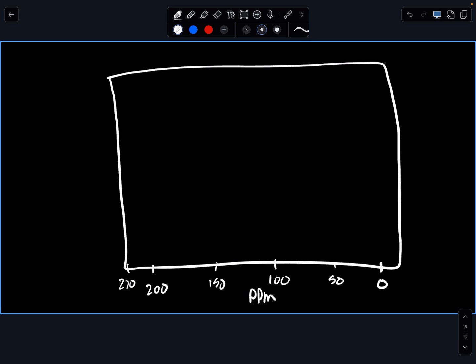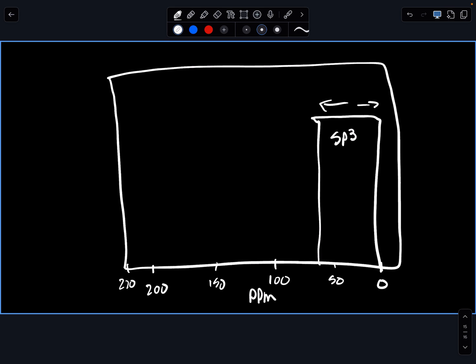The first thing that determines where you find a signal is its hybridization. Usually somewhere in this part of the spectrum is where you find sp3. If there's something electronegative near that sp3 carbon, it's more to the left, and if there's not, it's more to the right in that zone.